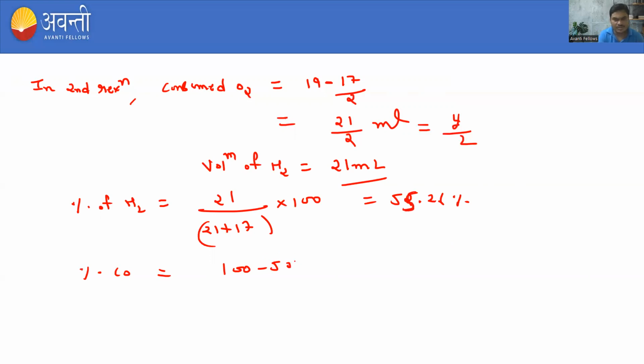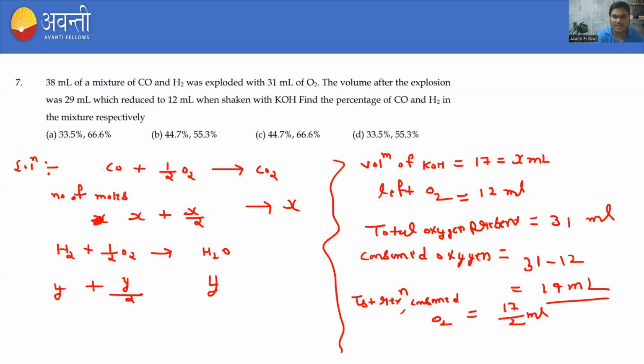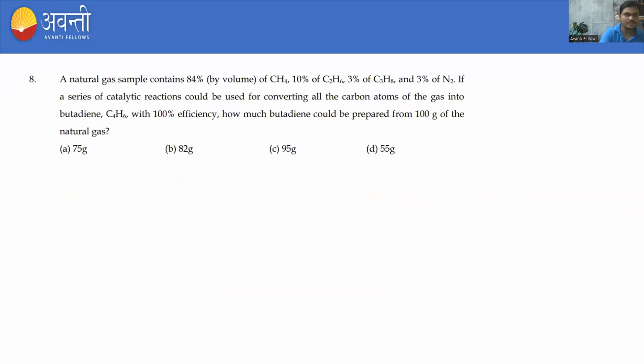Similarly, the percentage of CO is 100 minus 55.26, which comes out to be 44.73%. So which option is correct? 55 and 44, right? Option B is absolutely correct for this question.